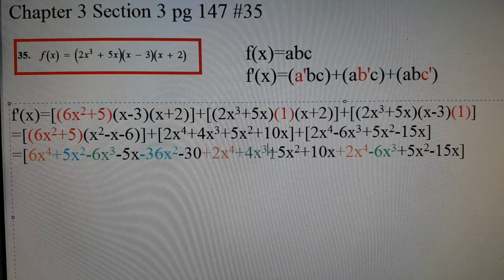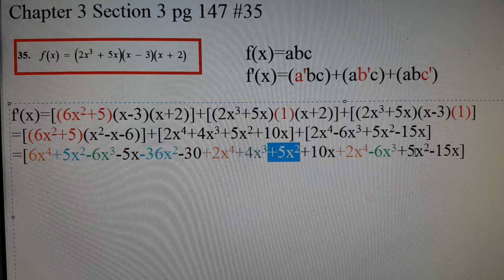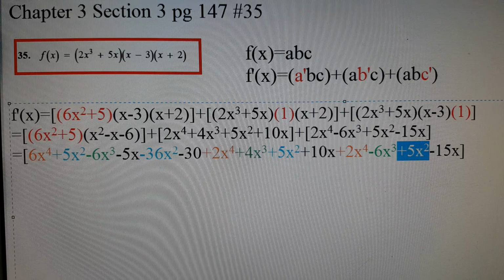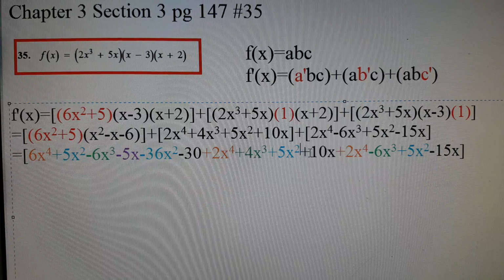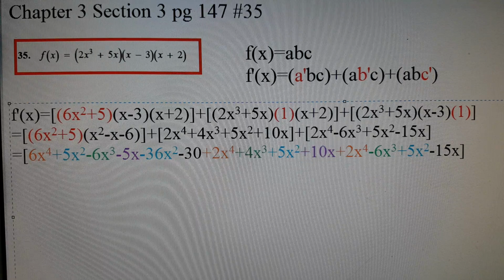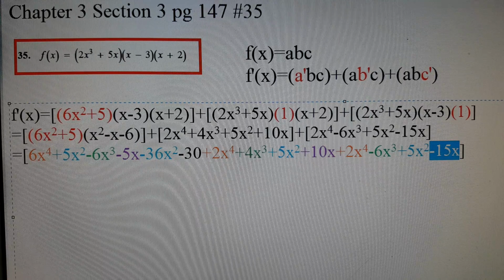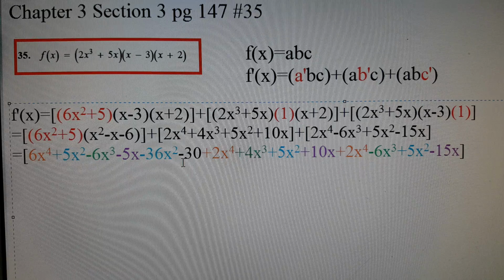Let's make x's purple. Hopefully you can differentiate between all these on your screens at home. I'll just leave -30 black because I don't have any more colors.